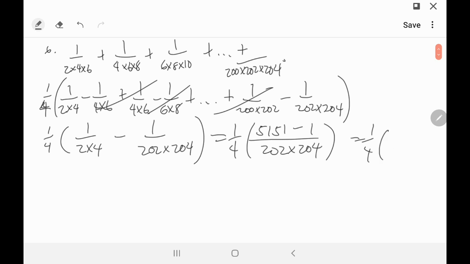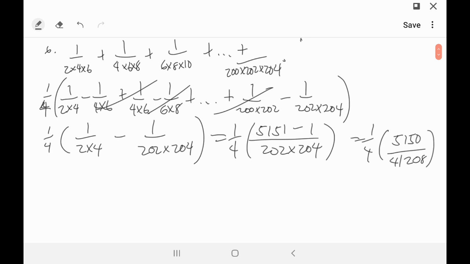So that would be equal to 5150, sorry, over 202 times 204, which is 41,208.